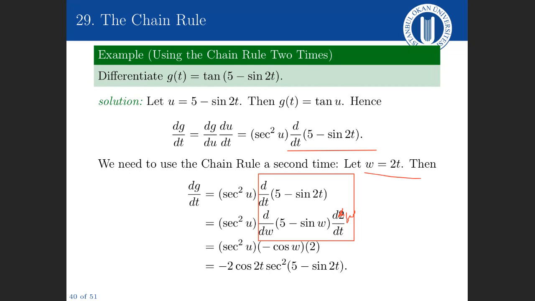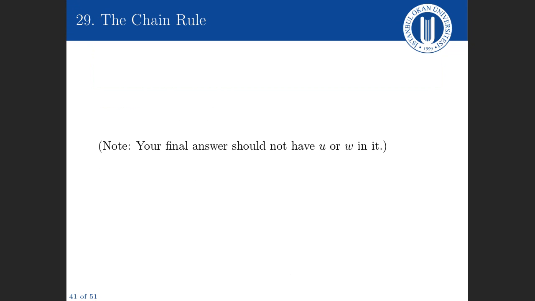And I'll leave it for you to check that the final answer is minus 2 cos 2t sec squared of 5 minus sine 2t. Let me just remark before we go on. The final answer should not have u or w in it. u and w are variables that we use in the middle of our calculation. In the final answer, we need to substitute back in our functions.